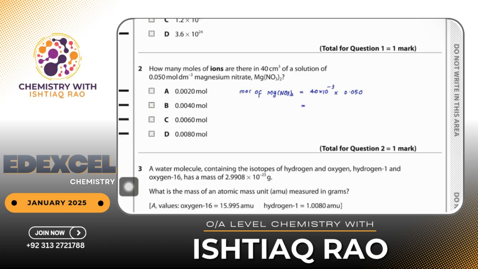What's the answer for moles? It's not a very complex calculation.